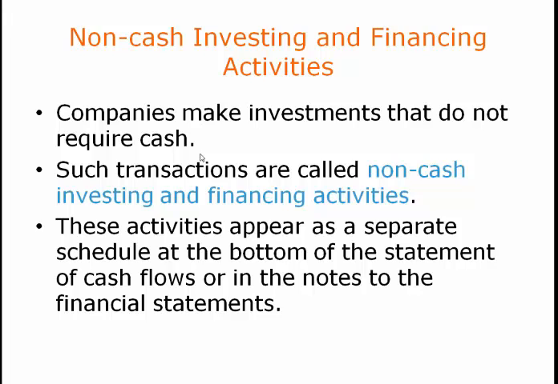Because think about this for a minute. If you bought land and you issued stock to buy the land, okay? Well, first you would show the land as a use of cash. So in the investing section, you'd have a minus for money going out to purchase the land. But on the financing side, you would have money coming in based off of that stock transaction.